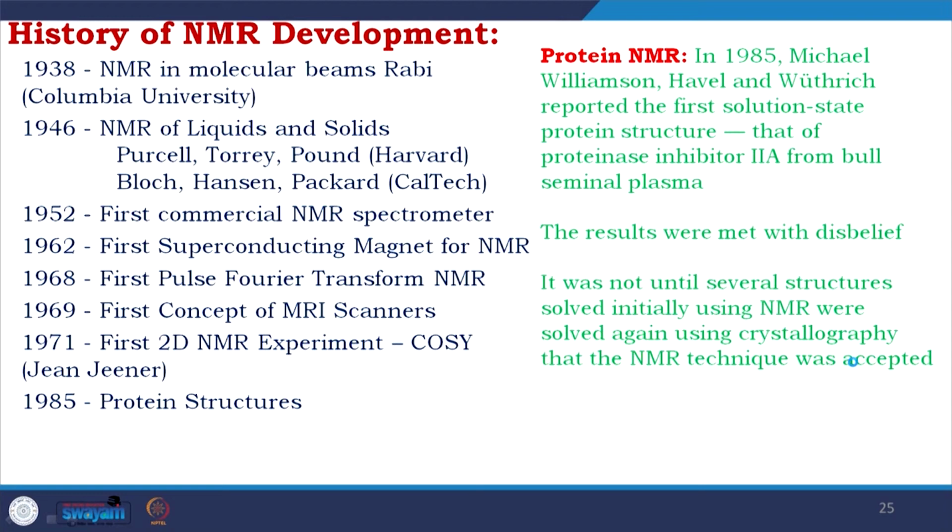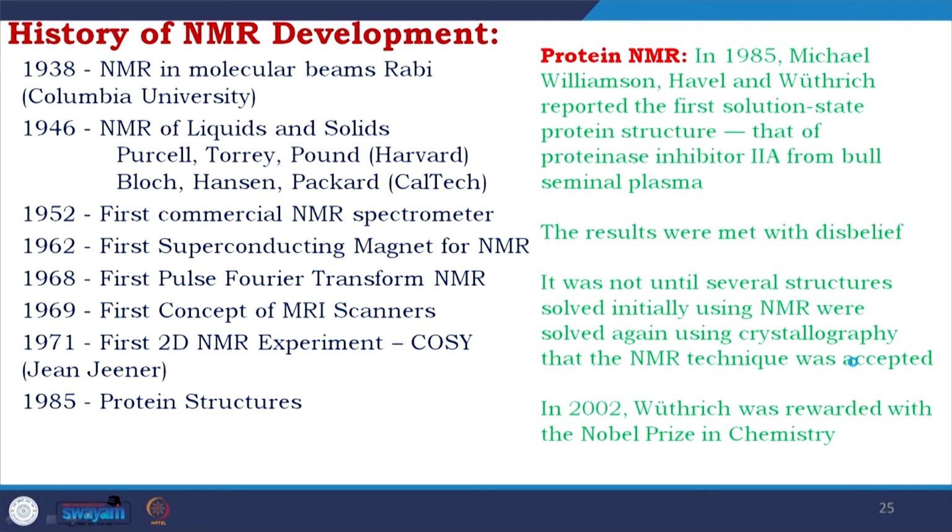It was not until several structures initially solved using NMR were solved again using crystallography, and it was found that the structure solved by NMR had similar information to that solved by X-ray crystallography, that NMR was accepted. In 2002, Wüthrich was rewarded with the Nobel Prize in Chemistry for his contribution in solving protein structure.